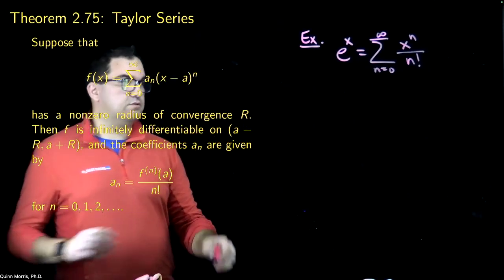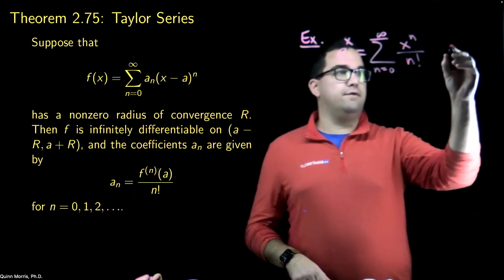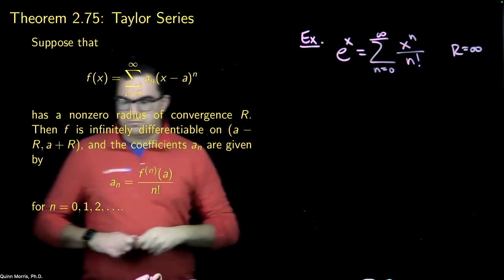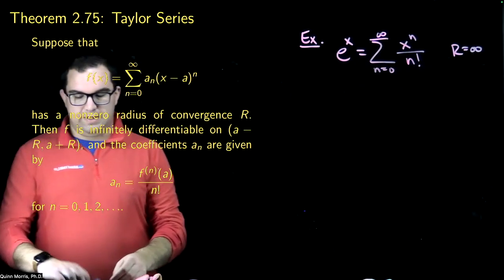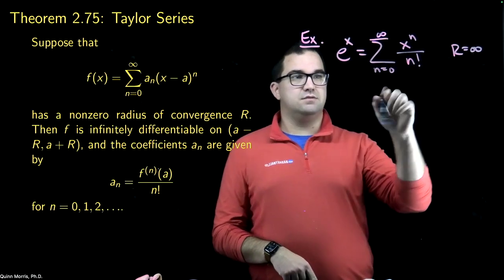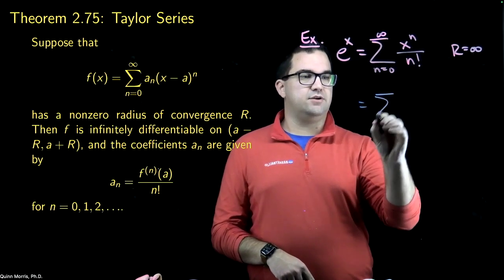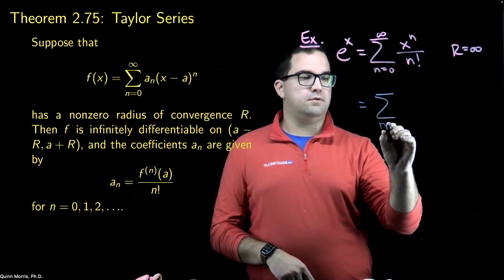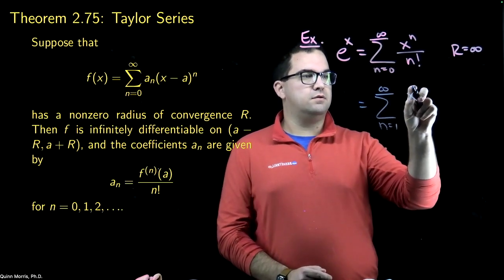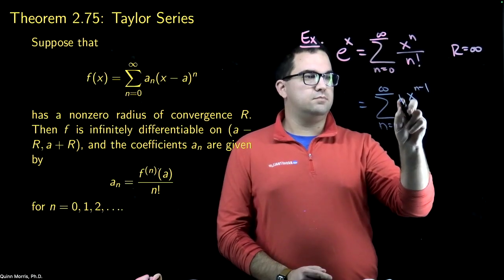And the radius of convergence here is actually infinite. So, what can I do? Well, if I want to take a derivative of this, I can differentiate it term by term. So differentiating gives me the n comes down.